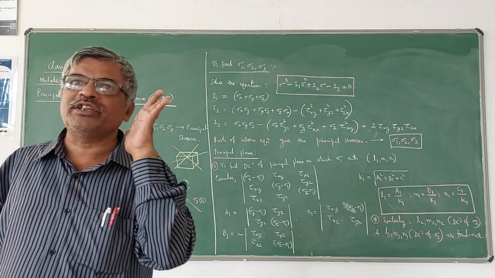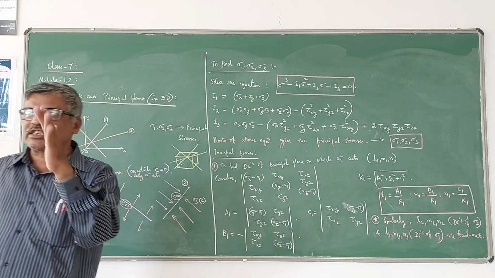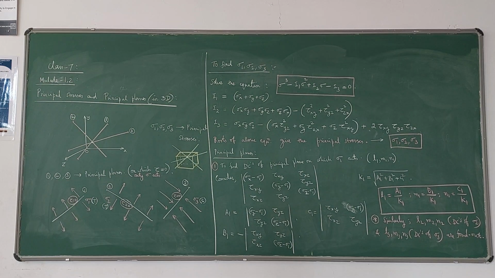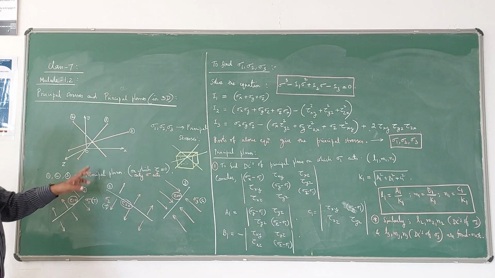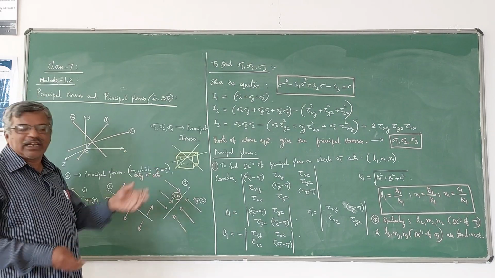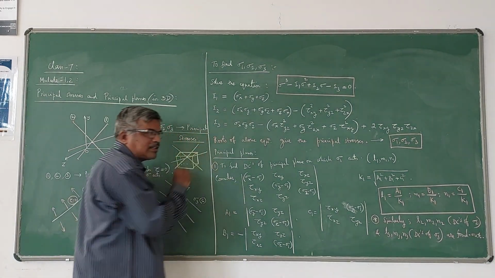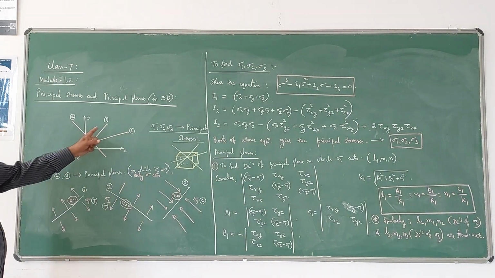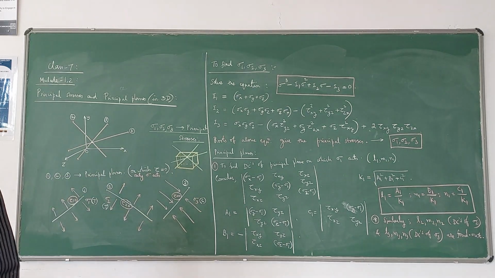Such a plane is called a principal plane. And the normal stresses which act on those principal planes are called principal stresses. Sigma 1, sigma 2, sigma 3 are called principal stresses. And 1, 2, 3, which I have shown here, are called principal planes.